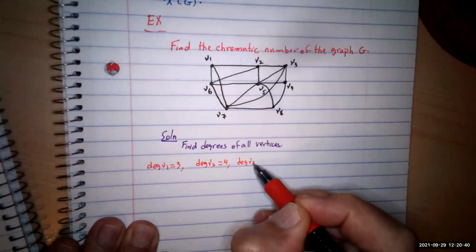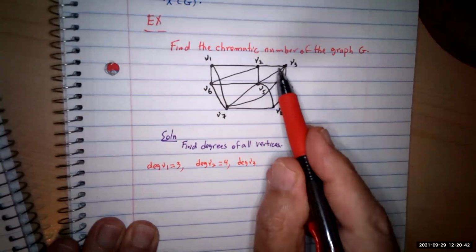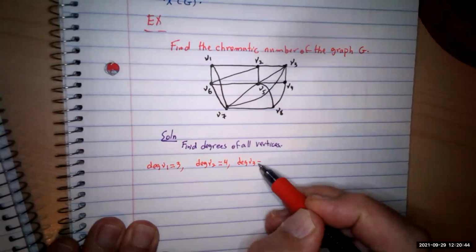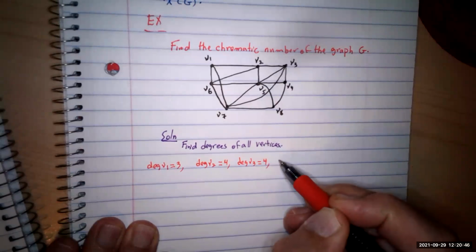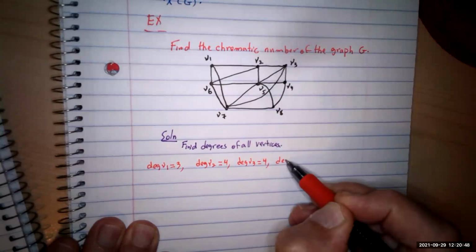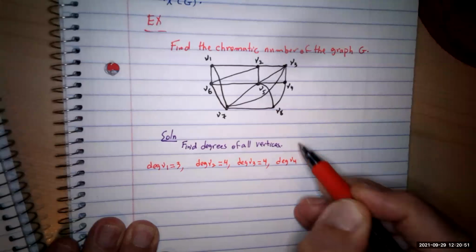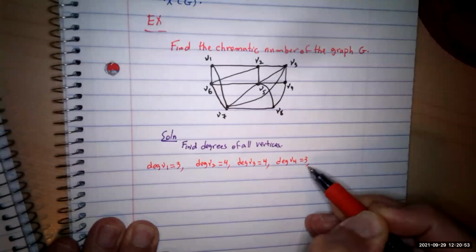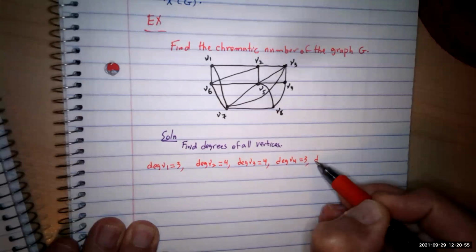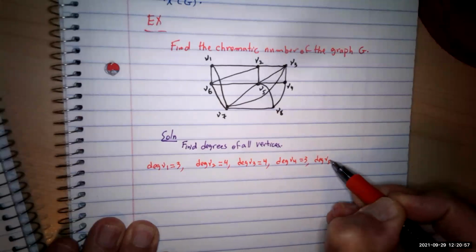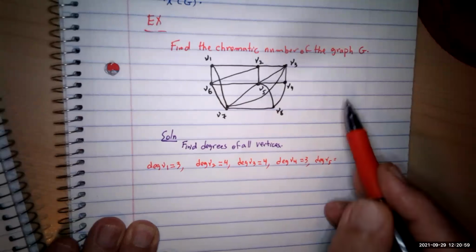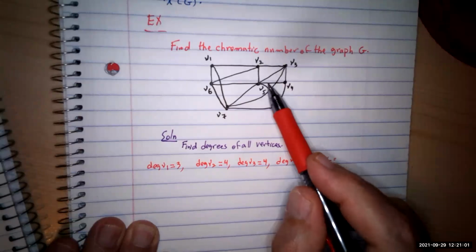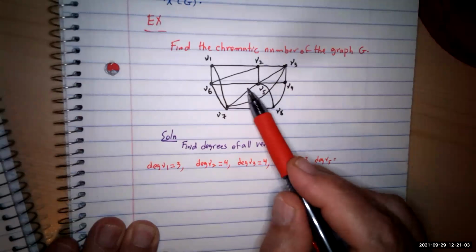V3, 1, 2, 3, 4 again. So that gives you 4. Then we just keep going. The degree of V4 is 3. Then V5 must be 6: 1, 2, 3, 4, 5, 6.